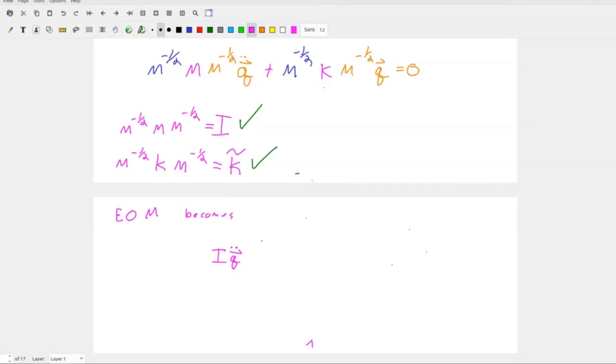That's my participation factor, right? Remember that q is my participation factor of my modes. But that's not super important right now. K tilde q vector is equal to 0.